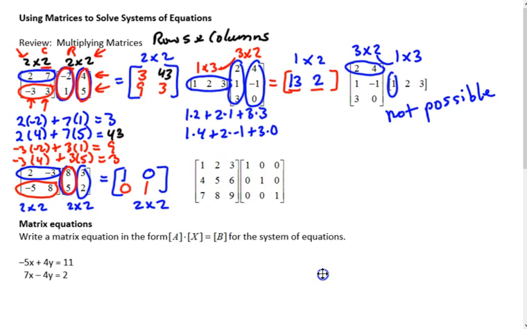When you get this special matrix that has a diagonal from left to right of 1s, you see this diagonal of 1s from left to right? This is known as the identity matrix. And if you multiply two matrices and you get the identity matrix, that means that these two matrices are inverse matrices.